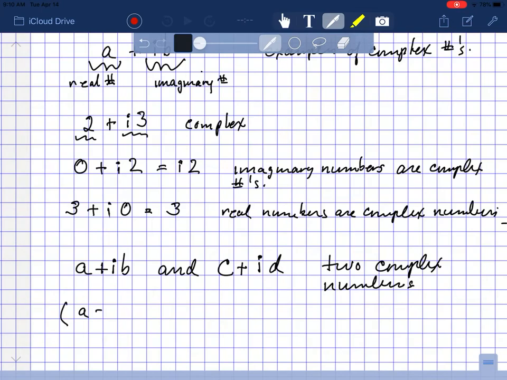So I want to take a plus i times b, and add it to c plus i times d. Well, this is equal to the complex number a plus c plus i times b plus d.